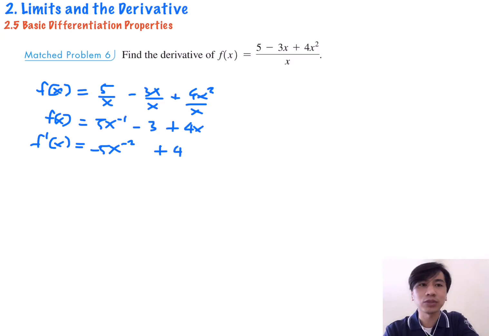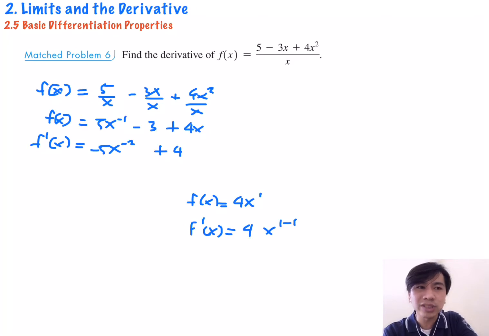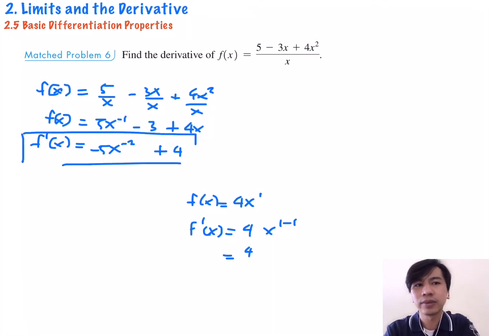Plus 4. Just in case you don't know how to get 4x to 4, 4x is actually 4x to the power of 1. So when you take the derivative, it is 1 times 4, 4, and then x to the power of 1 minus 1, which is 0. So that will be 4x to the power of 0, equal to 4. So this is the answer. Okay, I'm sorry, I should put that this is g and g.